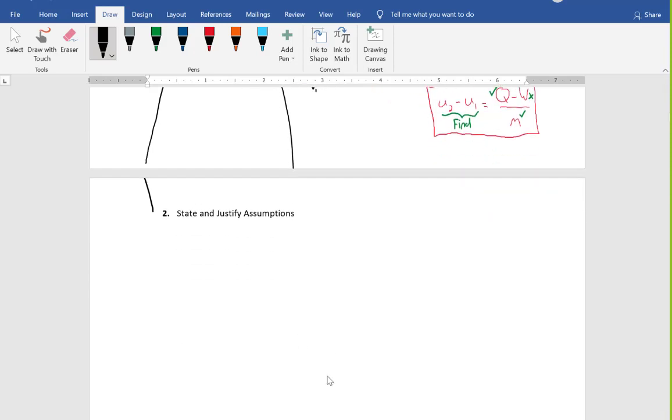So now we know that work is the integral from V1 to V2 of P dV. We also know that P times V to the power of 1.2 is equal to some constant. So now we want to put this equation into here.